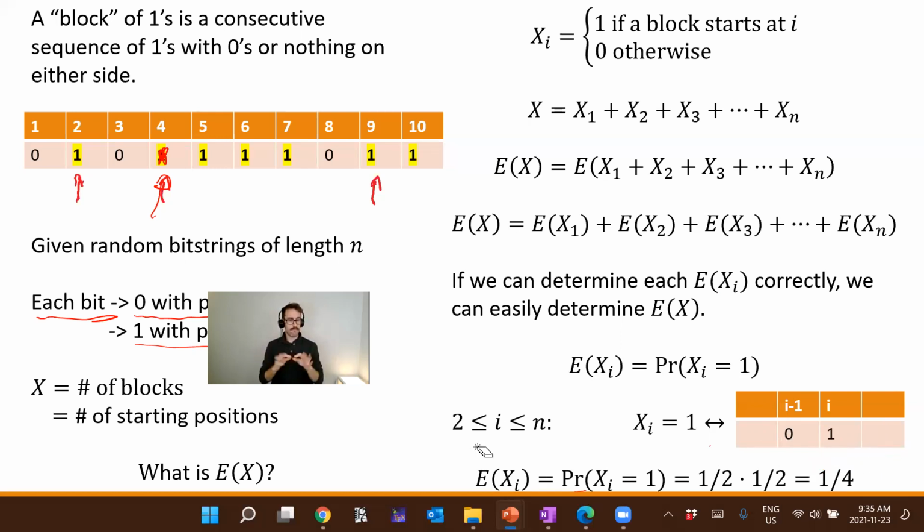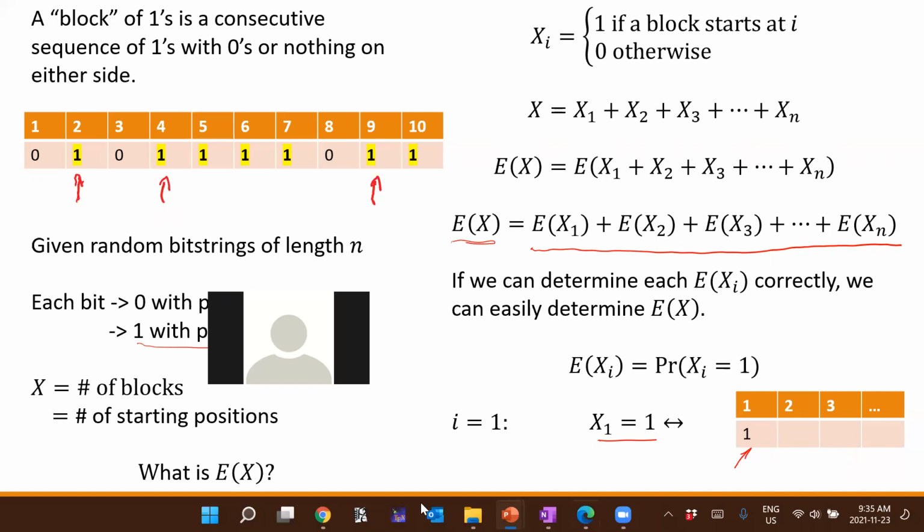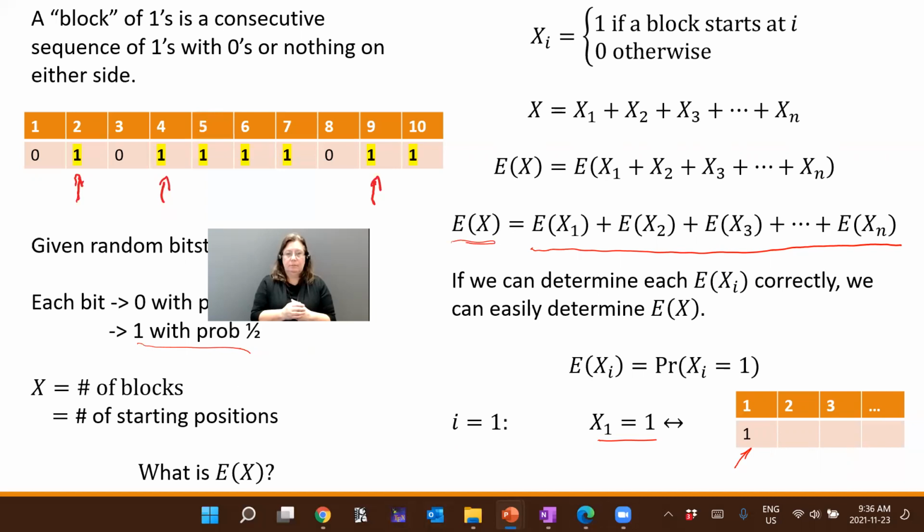Now for the other case, where I is equal to 1, if xi is equal to 1, that means I need a 1 in the first location. After that, what happens in location 2? Well, if it's a 0, then this is still the start of a new block, and if it's a 1, this is still the start of a new block. So whatever happens afterwards, I don't care. All I care is that this has a 1.